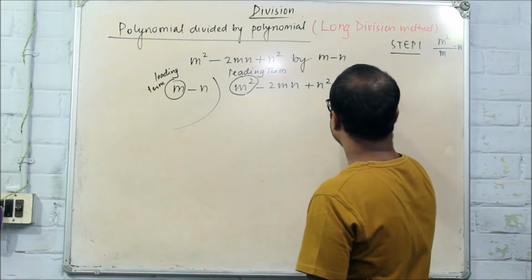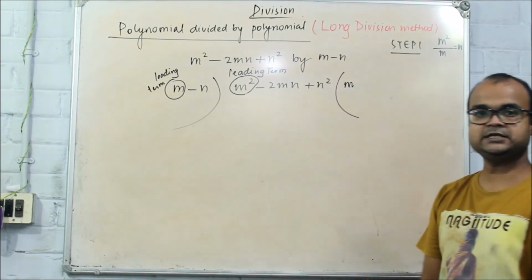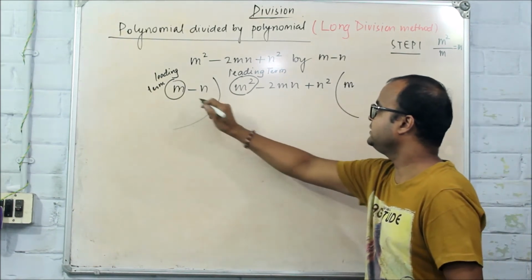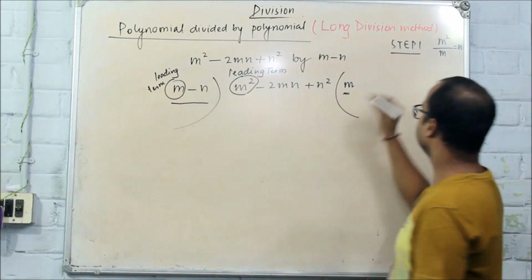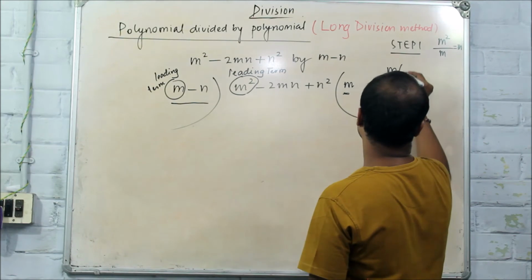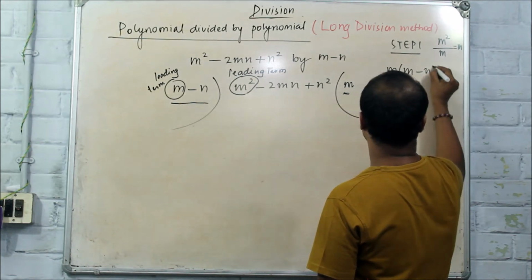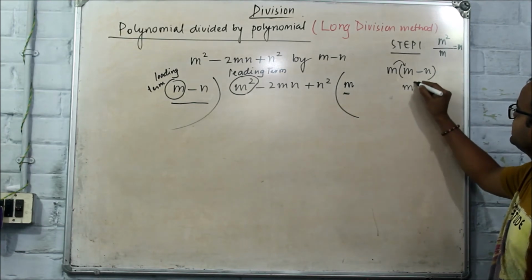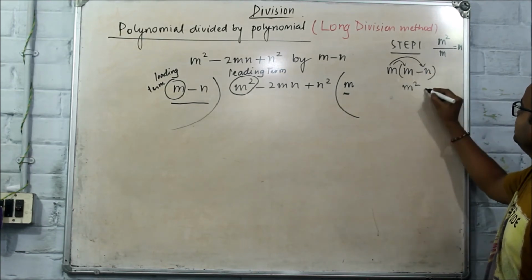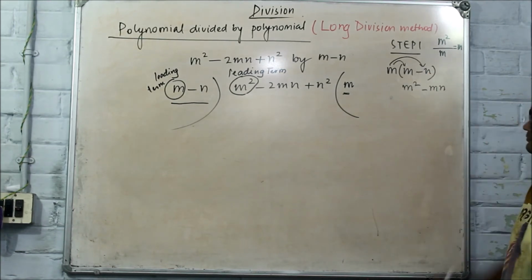So we write m here. Next is multiply this polynomial with m. So we multiply m into m minus n. So m into m square, m into n minus mn.